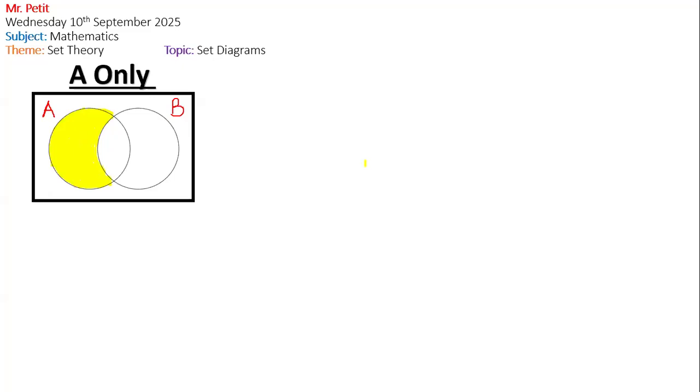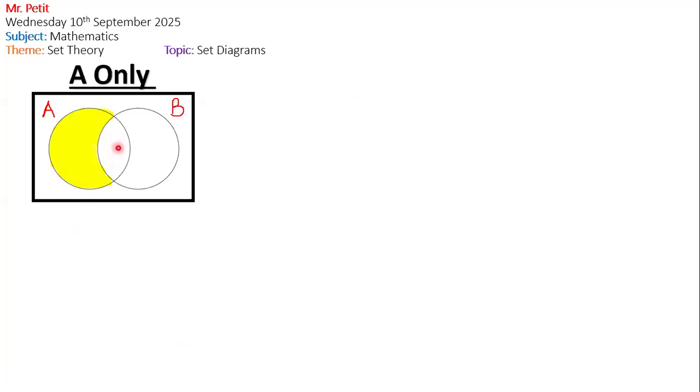Okay, class, you'll understand this. A only is only this part. We do not include the intersection. Yes, sir. Acacia, you understand that we don't include the intersection in the A only? Yes, sir. That's good. Albert, you understand that we do not include the intersection?